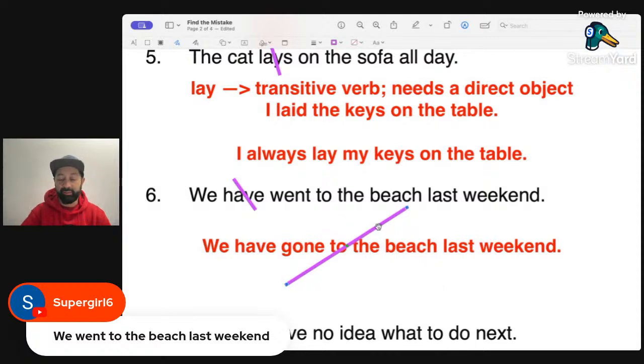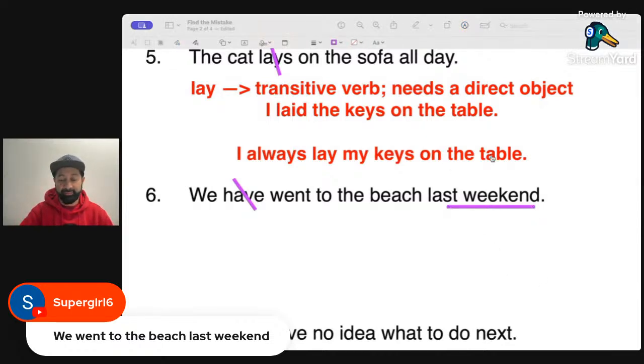The reason why we don't use present perfect is because of last weekend. Whenever we are talking about a specific point in the past, we always use past tense. We never use the present perfect. So the correct answer, as Supergirl has said, is we went to the beach last weekend.